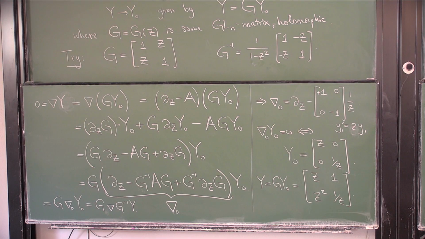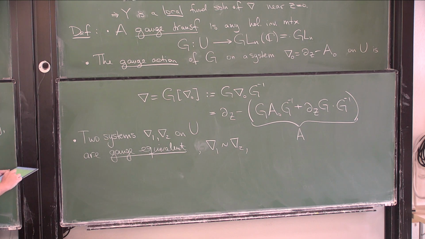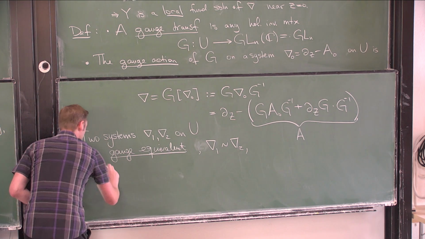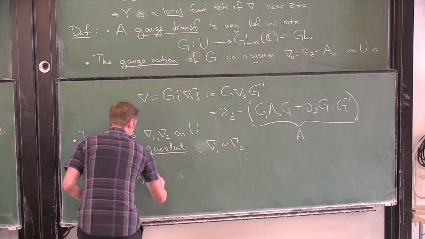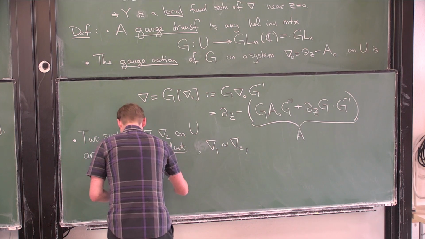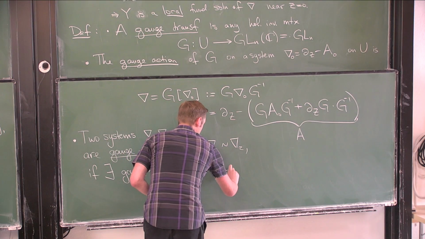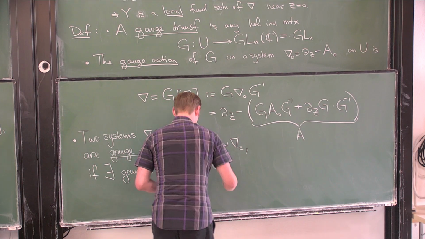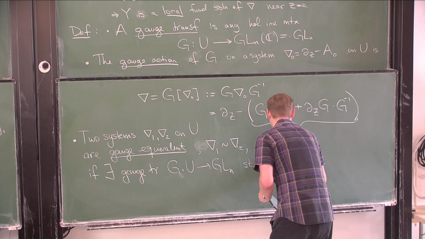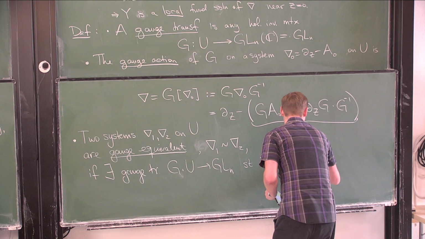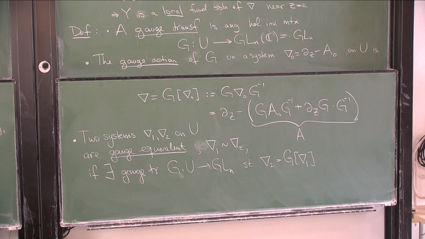And I'll write it like this: nabla 1 is equivalent to nabla 2. So if there is a gauge transformation G such that, let's say, nabla 2 is the image of nabla 1 under this gauge transformation.